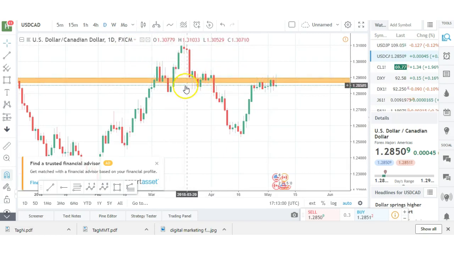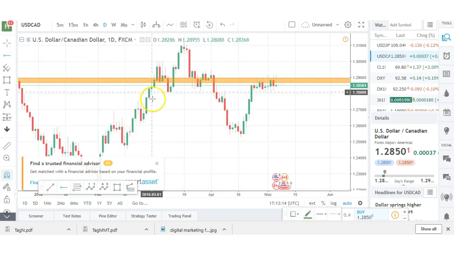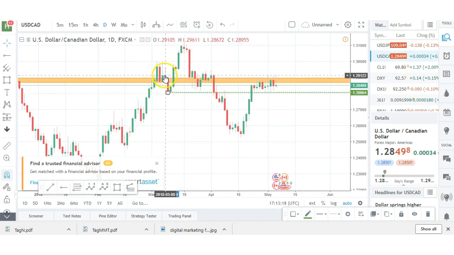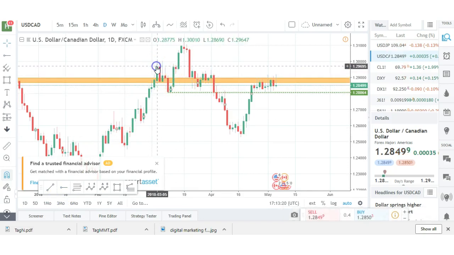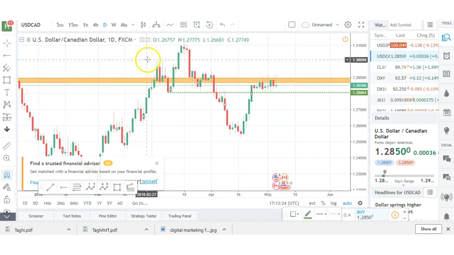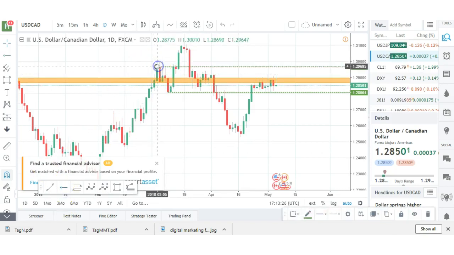Let's see. Get break. I'll back up here. So what I would do here, take a few lines, just mark these targets here. So I know this zone here is off the weekly, but I like to keep an eye, of course, on daily stuff.